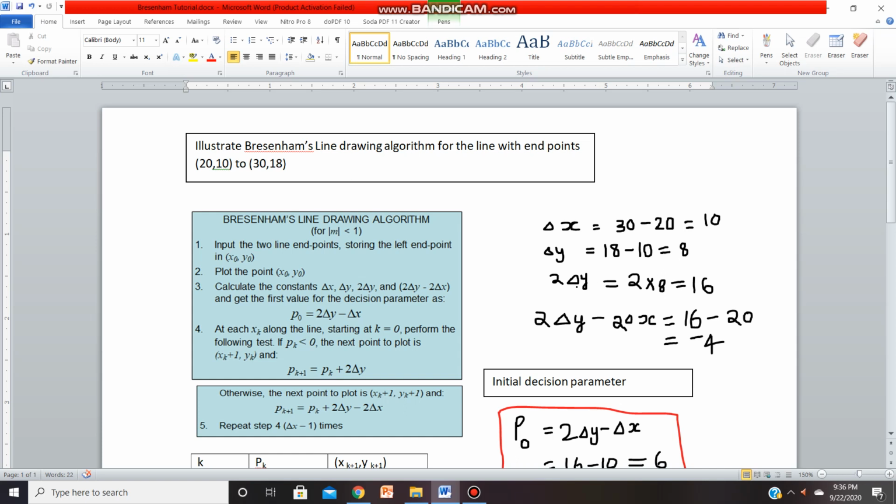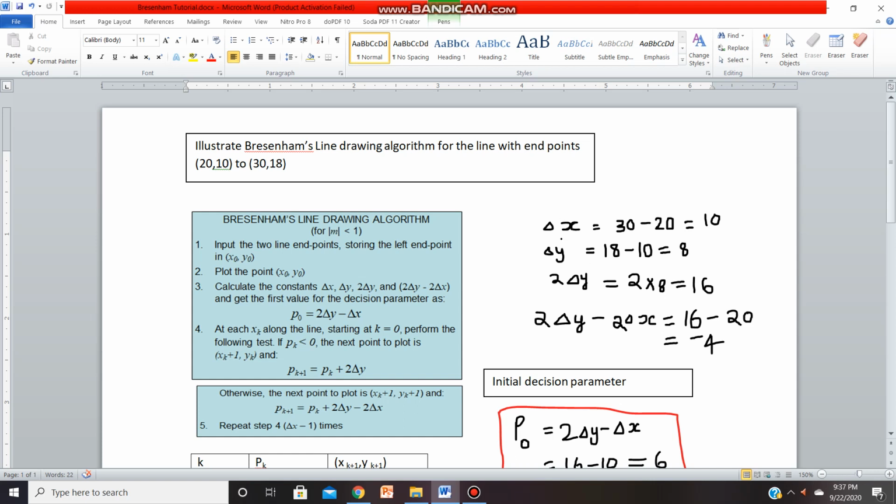Now we are calculating 2 delta y, that is 2 into 8, which is 16. The next constant to be calculated is 2 delta y minus 2 delta x, that is 16 minus 20, which comes to be minus 4.